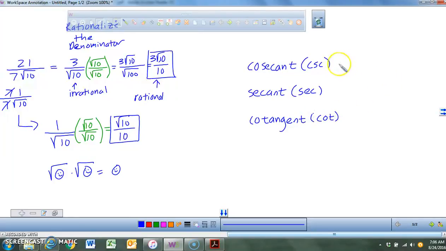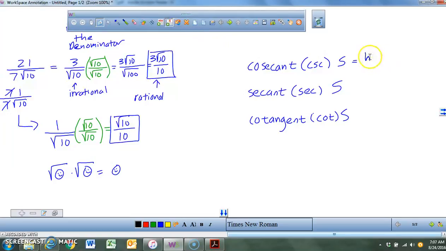All right, now the cool thing about this, if I said what's the cosecant of S, and what's the secant of S, and what's the cotangent of S, all right, cosecant and sine, call them country cousins, they're just reciprocals of each other, all right? So if the sine of S was the opposite over the hypotenuse, this is going to be the ratio of the hypotenuse to the opposite side.